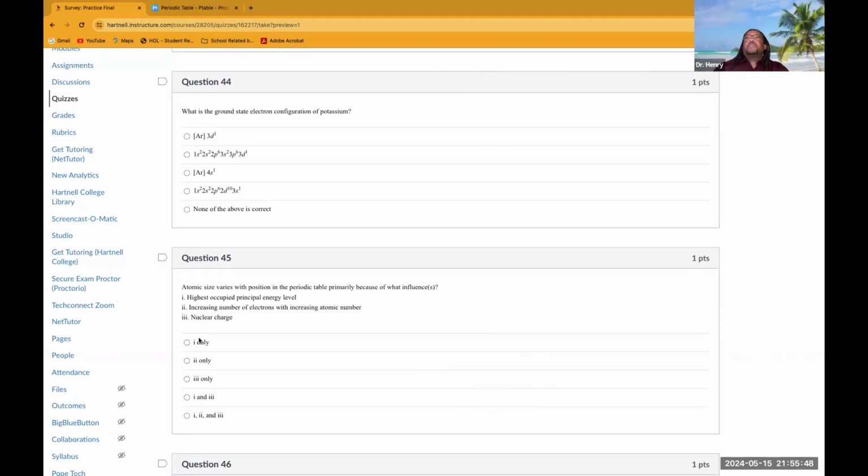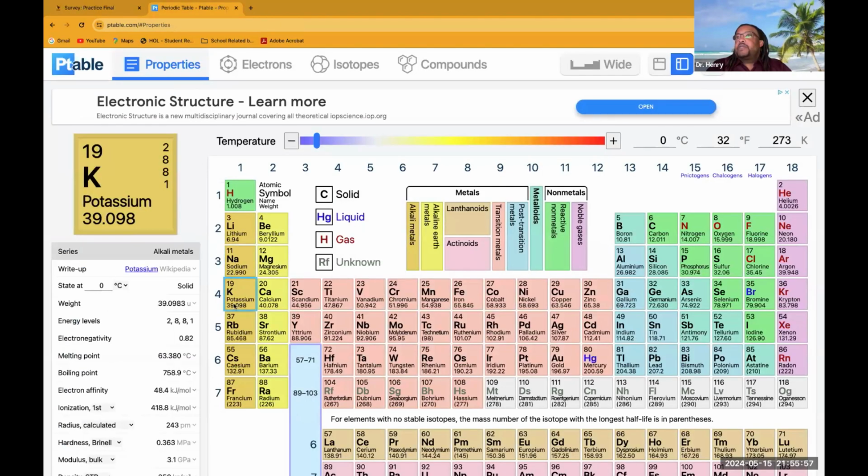Number 44. What is the ground state electron configuration for potassium? Okay. If we go up here, potassium is located here. So what would be the core noble gas? Argon. Okay.